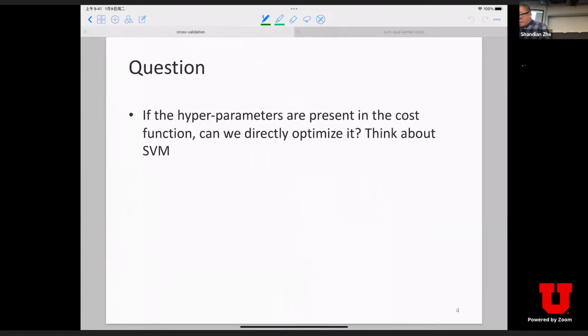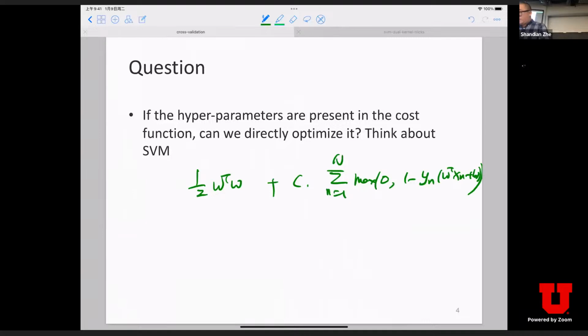So let us think about SVM. One possible naive idea would be, why not just optimize the hyperparameter? If you write down the SVM objective, let me write down the primal form. It will be half the squared norm of W plus C times the hinge loss, max 0, 1 minus the function margin.